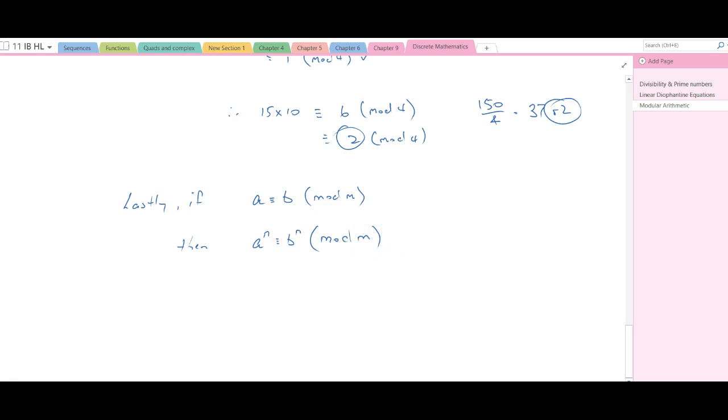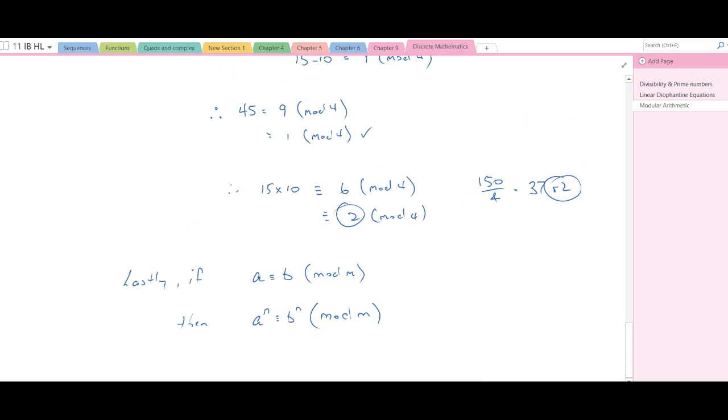That's not an extension of my multiplication rule, so it's got a life of its own.